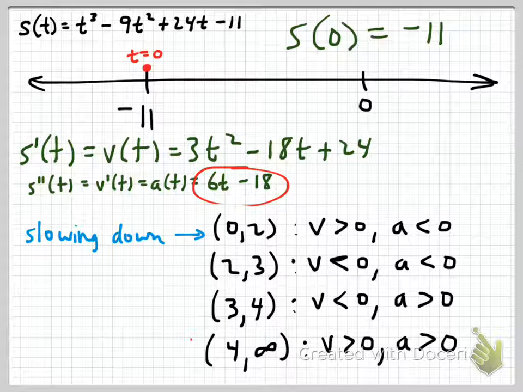Notice from t equals 2 to t equals 3, the particle is speeding up. It's moving left, and acceleration is pushing left.